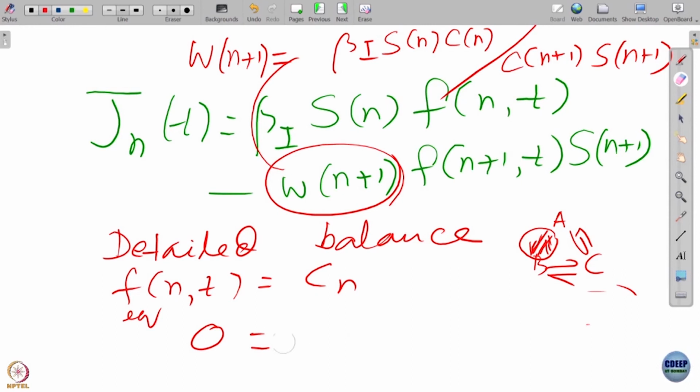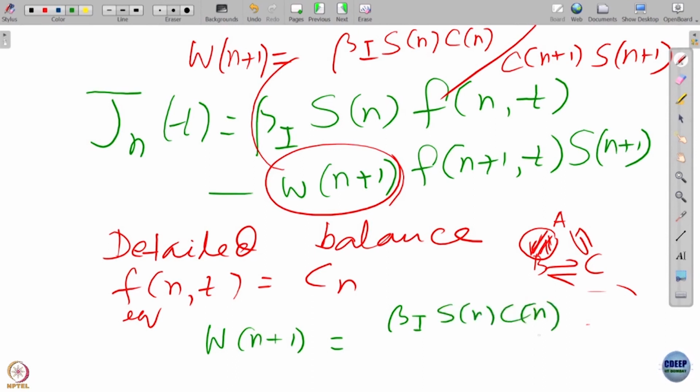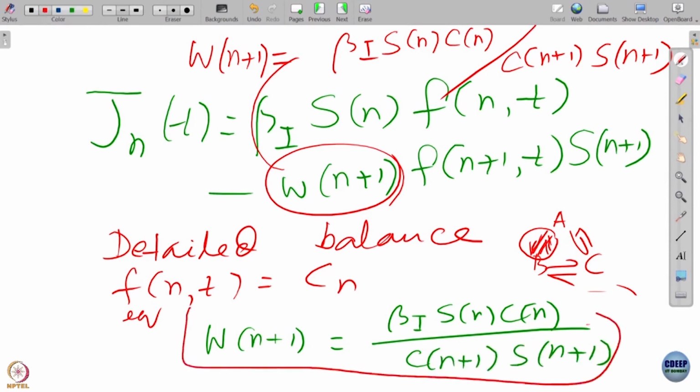Let me write this down clearly, because I will need it. Now, what I am going to do now is put this quantity into this equation.